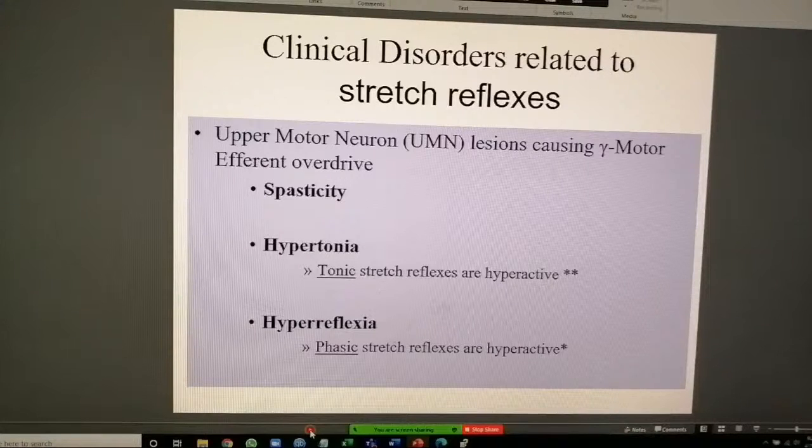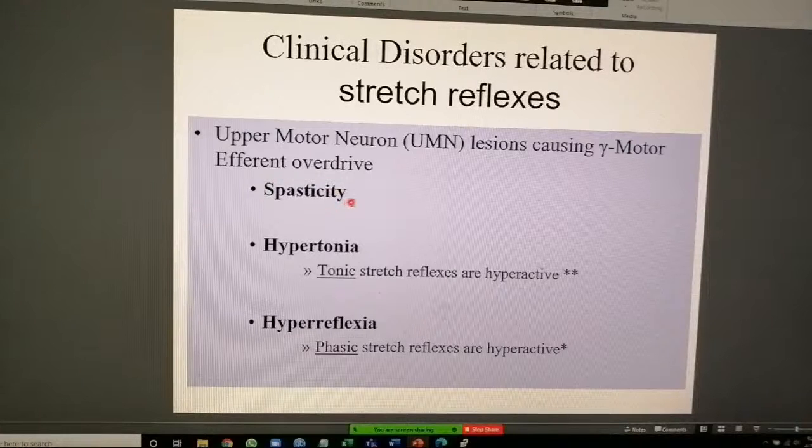So when you have a perpetual issue with gamma motor efferents disturbing the equilibrium of the spindle by overstretching it unnecessarily, the stretch reflex gets disturbed and activated abnormally, and this will not go away.